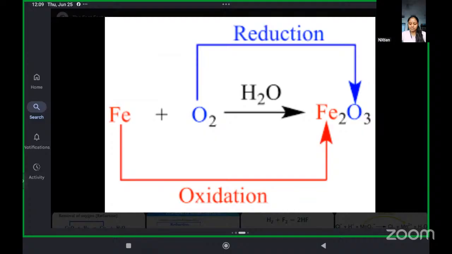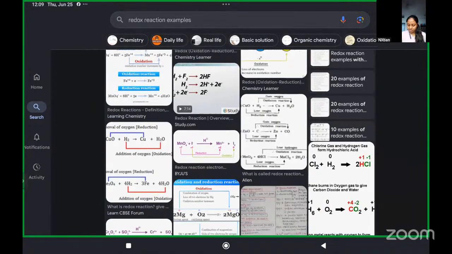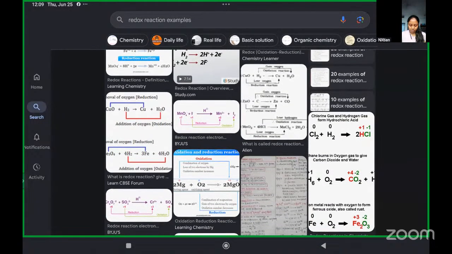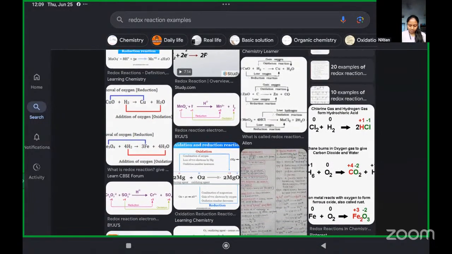Fe is gaining oxygen, and oxygen is getting reduced in the reaction to Fe2O3. Let me show you one more example.